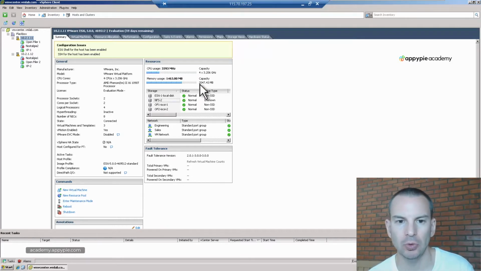And I've got 2 gig of RAM in this server. Obviously, in the real world, in a real cloud service provider's data center, they're going to be using much more powerful hosts than this. I've just got a low powered host for my lab demonstration here.